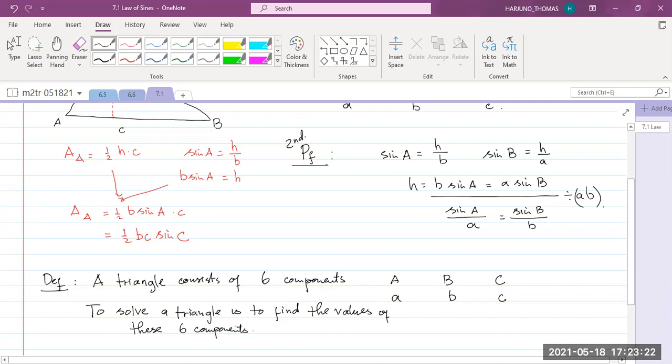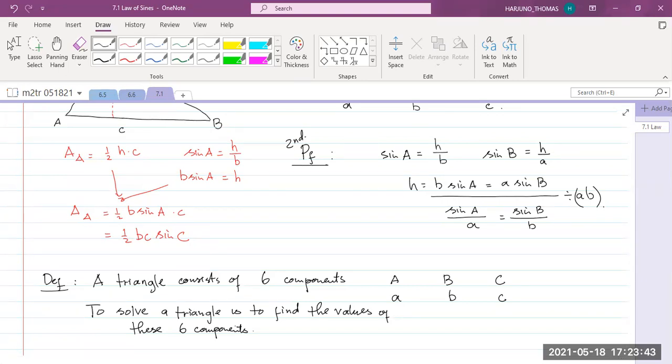You need to find 3 angles and 3 sides. Of course, most of the time, actually all the time, to solve a triangle, they will give you 3 components and you need to look for the other 3 components.